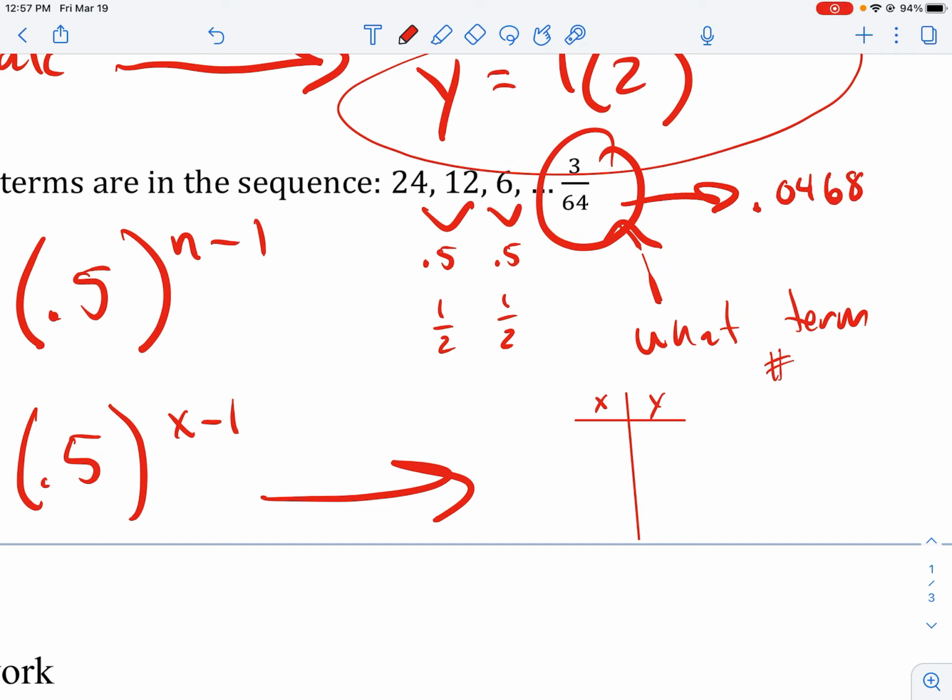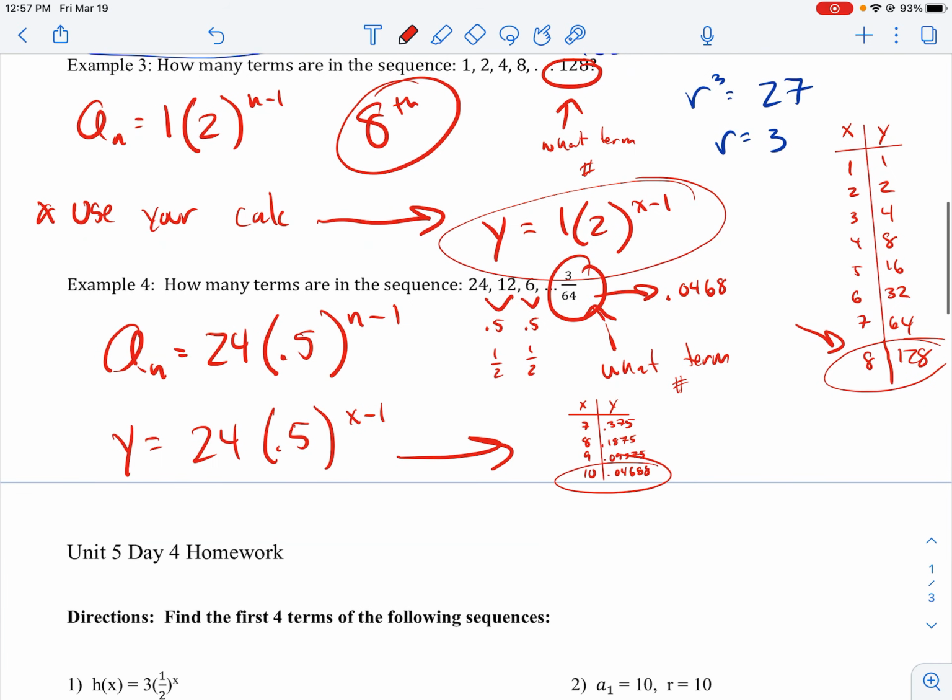Okay, and so we're going to scroll down here, and if you look, right at 7, we're at 0.375. At 8, we're at 0.1875. 9 at 0.09375, and then at 10, 0.04688. It's exactly what we were looking for. So what number term is that? So our 10th term is 3 over 64.